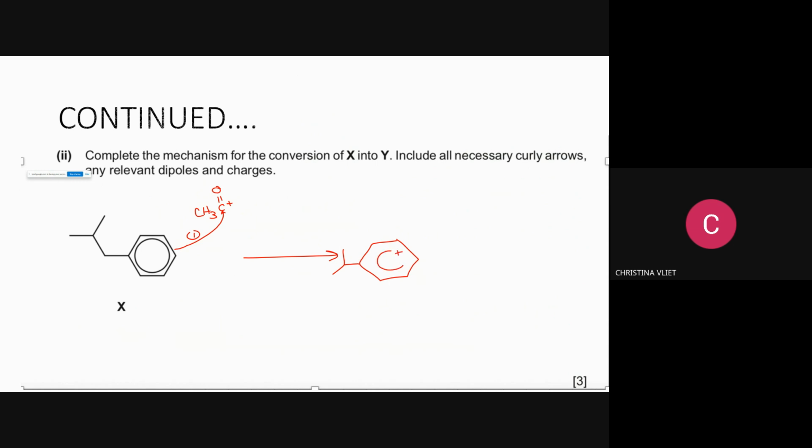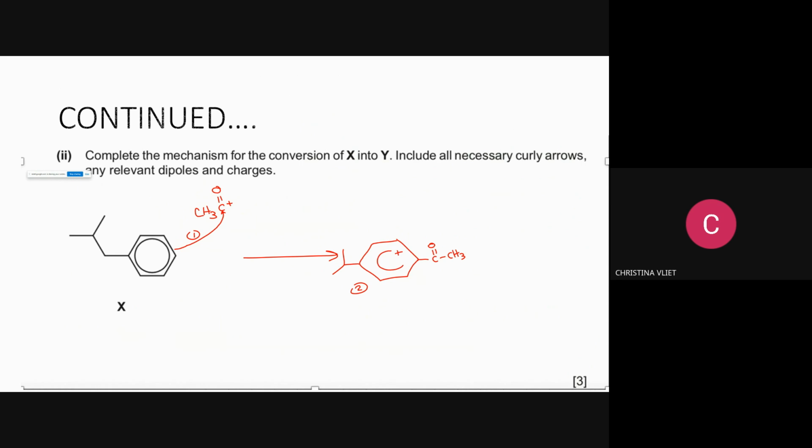And where do I add the COCH3? It's a specific spot. It has to be added right here. Do you agree? It has to be like that. So far, so good. This is my second mark, for writing the intermediate correctly.